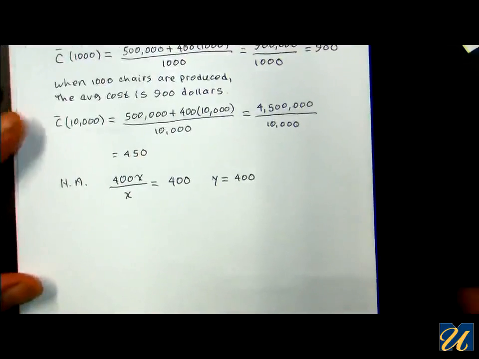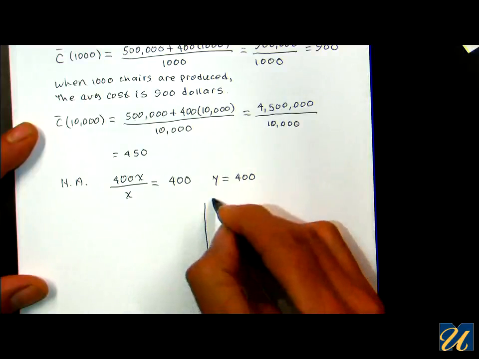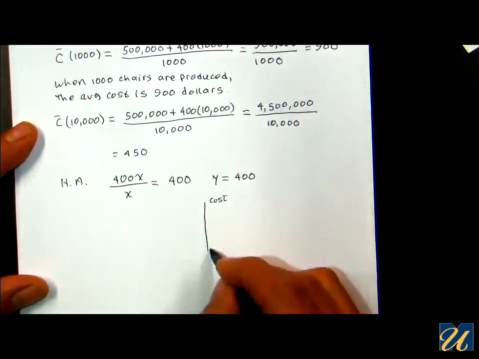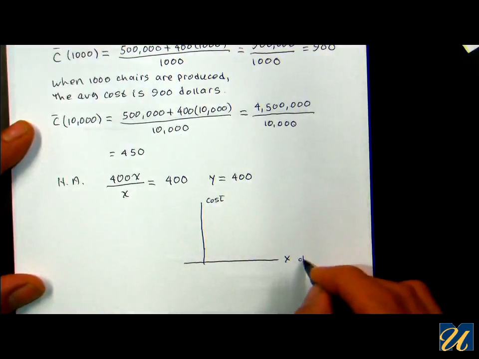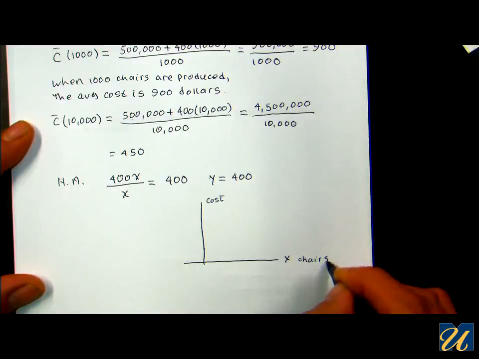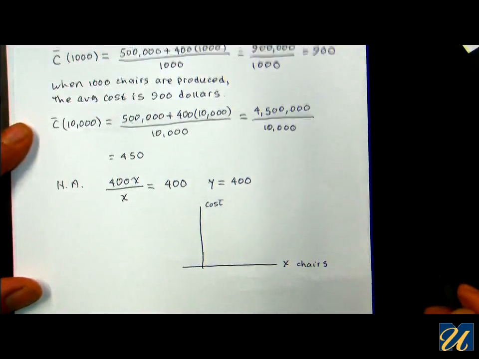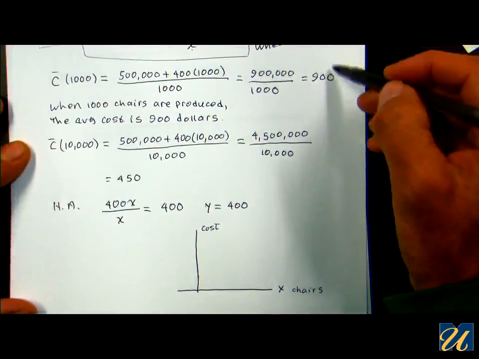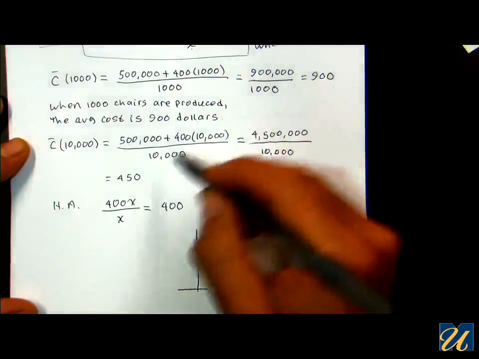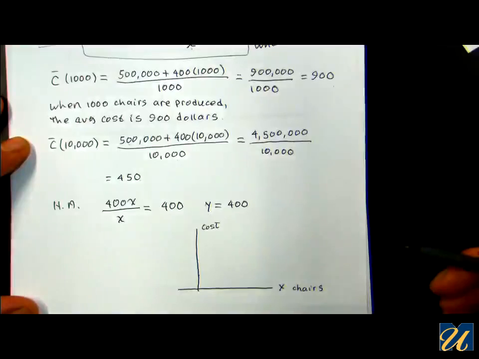So what does that mean? Well, think about this in the graphical context. You have the cost here, and then you've got x, which is the number of wheelchairs that you're producing. And the cost is being reduced, 900 down to 450.